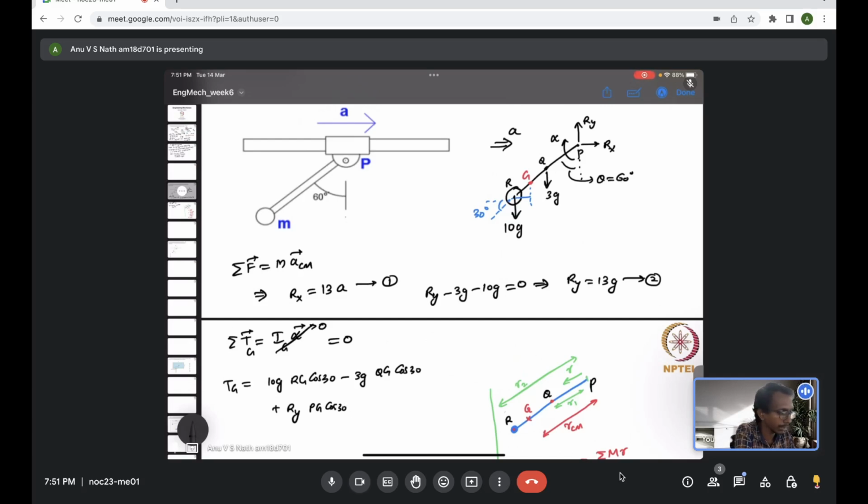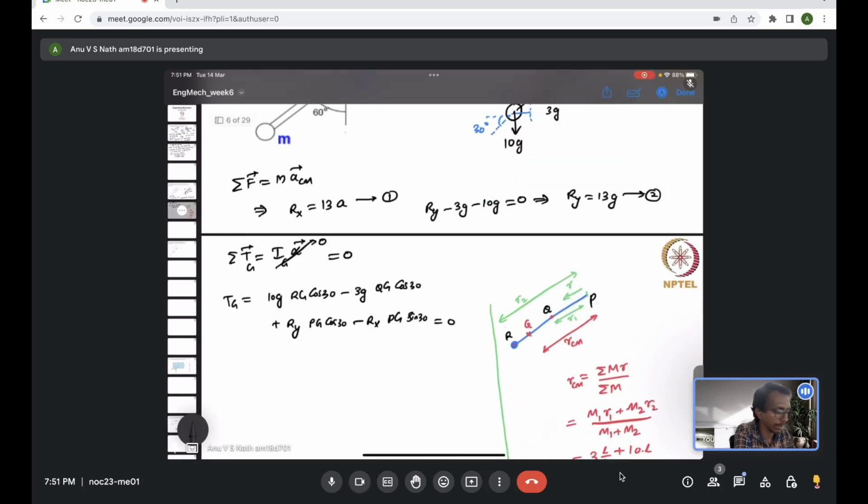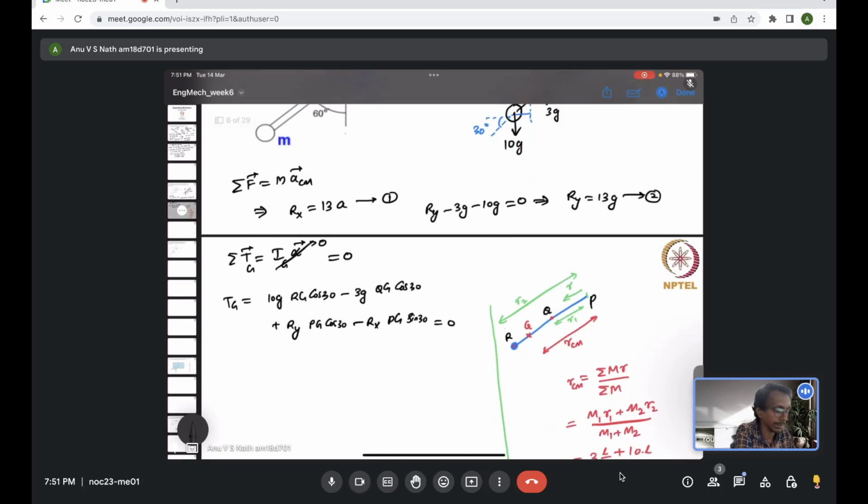Now Rx is creating a clockwise moment, which is Rx times the distance PG, but now it's projected in the vertical direction, so it will be sin 30. This entire moment should be equal to 0. That is what the moment equation says, because it's not accelerating when it is reaching the equilibrium state.